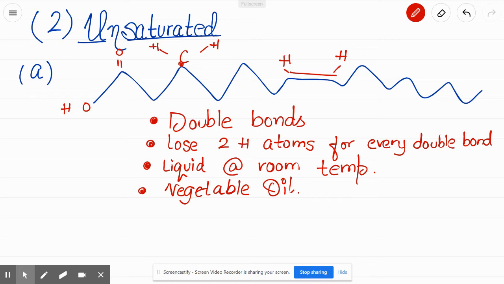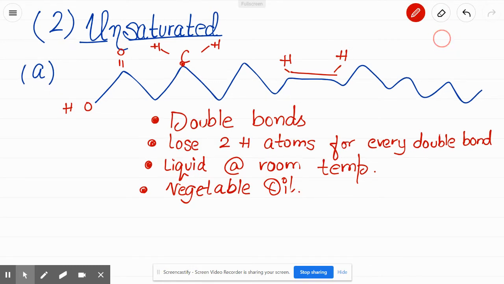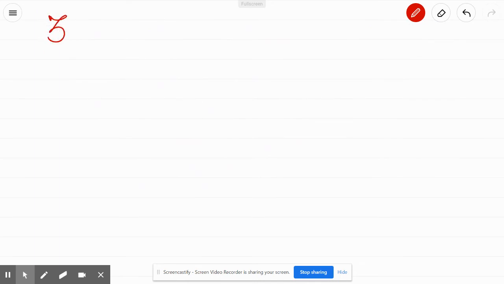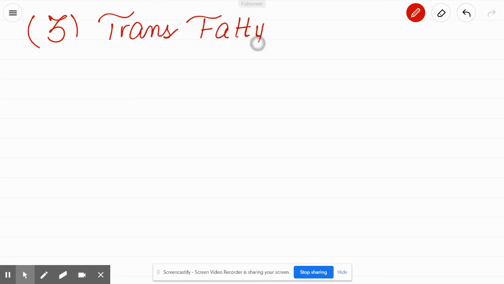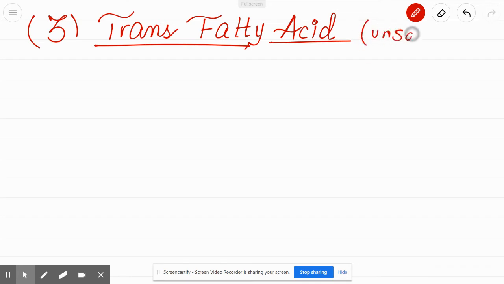All right. We will now move on to the third type of fatty acid, which is trans fatty acid, although it is actually a type of unsaturated fat only. It comes under the category of unsaturated.